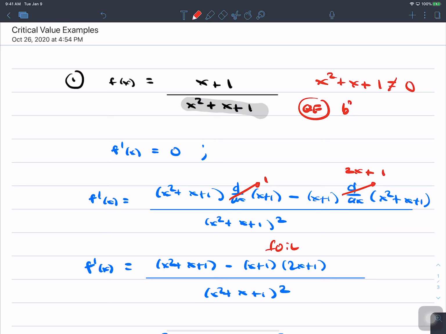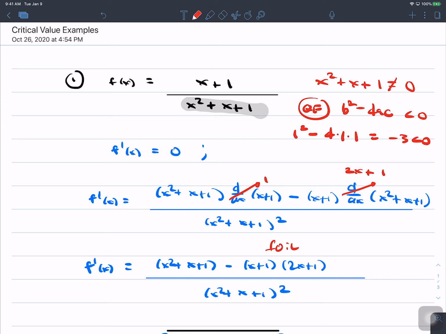So remember this discriminant, b squared minus 4ac. If that's negative, well, then this denominator is never 0. So my b value is 1, so this is 1 squared minus 4 times 1 times 1, which is in fact negative 3. So it is negative. So that denominator, sure enough, is never 0.